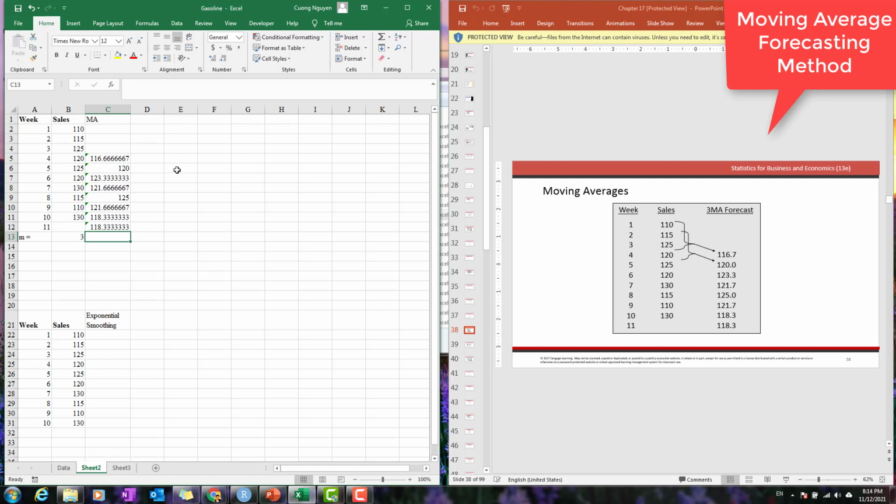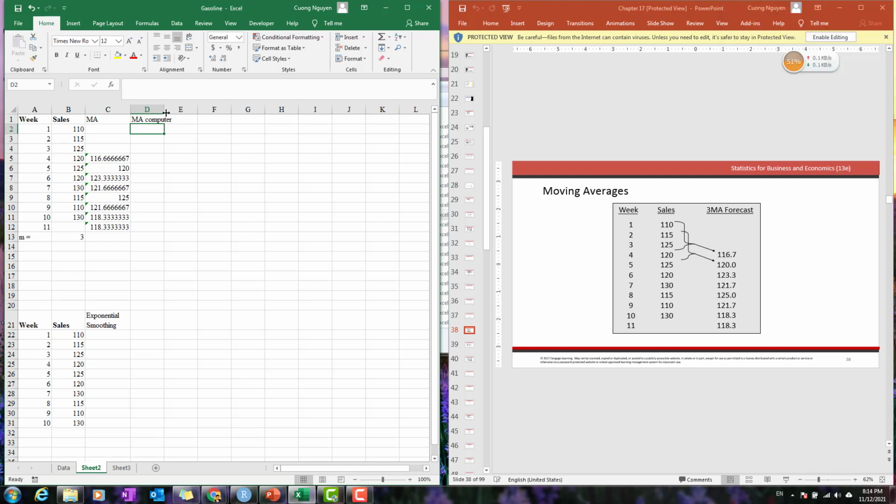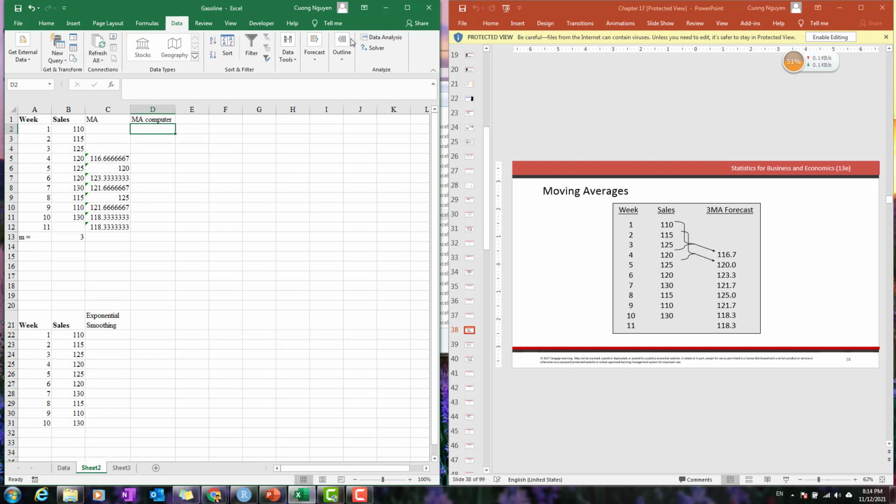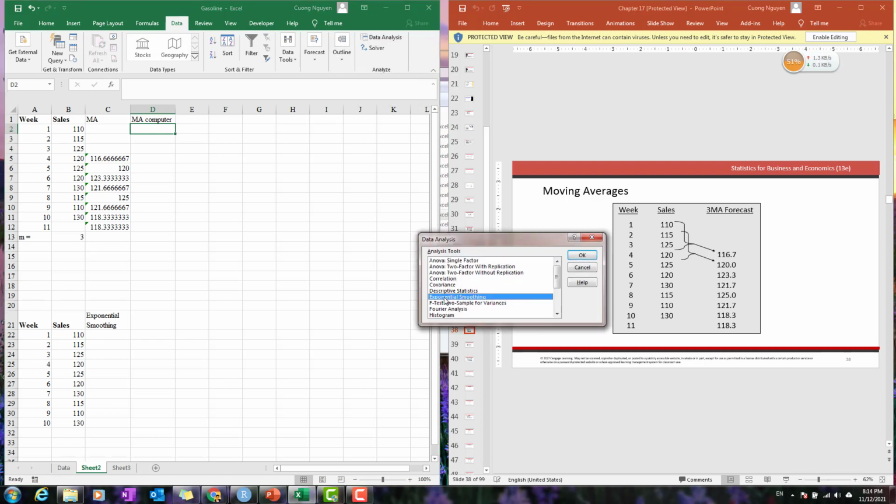Now let's check another way I can do it. I can do the moving average method with the computer. Excel has already integrated a function called moving average in the Data Analysis button, and you can select moving average.